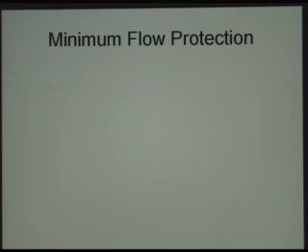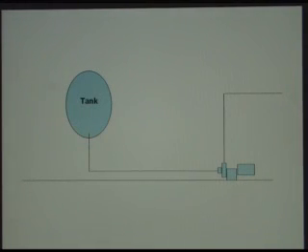So, minimum flow protection. Let's say we have our nice installation where we've got a tank feeding the pump suction, pumping it someplace else. The best way to protect the pump is to size the pump so that your process will never go so low in flow that it would go beyond the minimum flow of the pump.